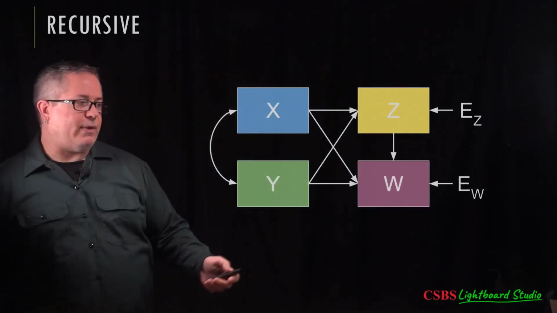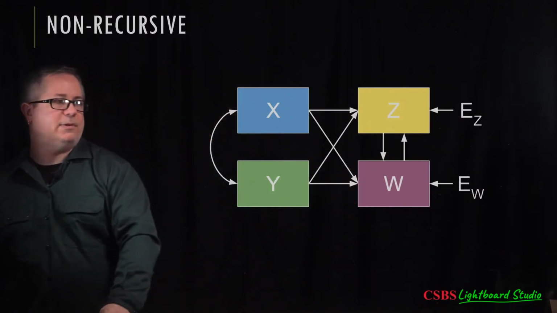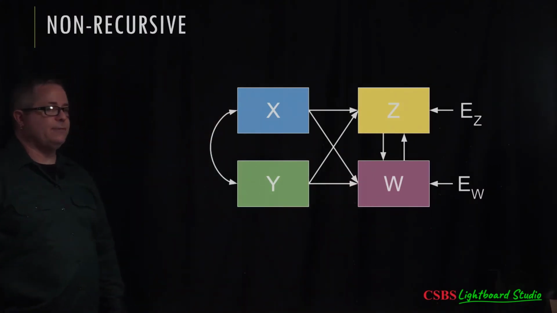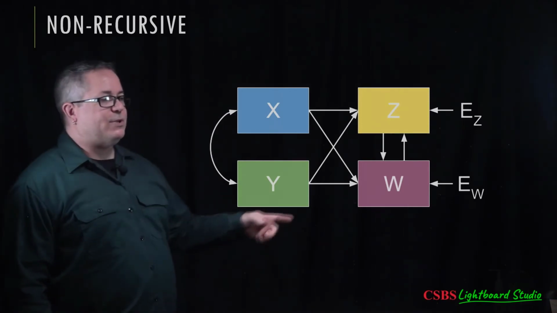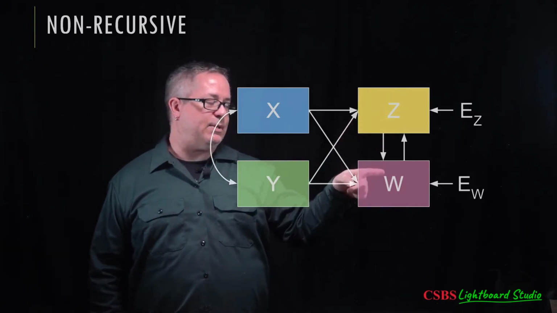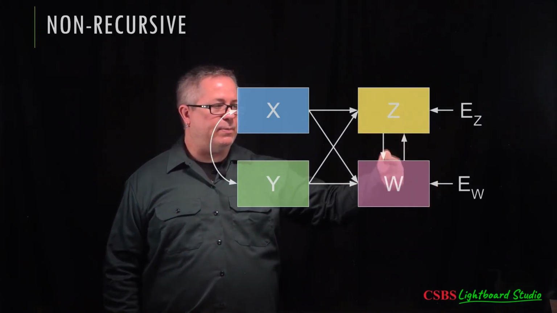This next one, if I add in that they also want to predict Z from W, this model becomes non-recursive. You won't be able to estimate this model because you can't estimate the prediction of Z to W at the same time as the prediction from W to Z. This is called a feedback loop.